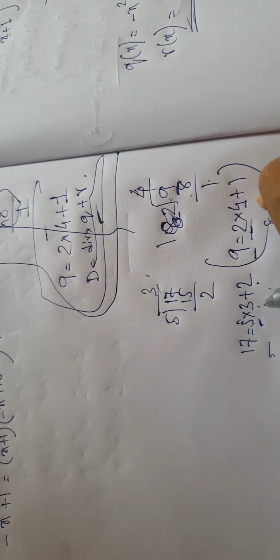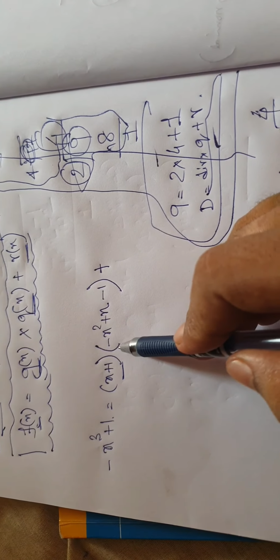Suppose for example, in the previous sum that I have already shown you, f(x) is equal to 1 minus x cube, and g(x) is equal to x plus 1. So f(x) is minus x cube plus 1, that is 1 minus x cube. What was g(x)? g(x) was x plus 1.